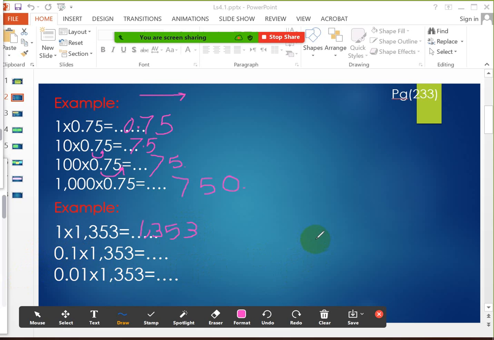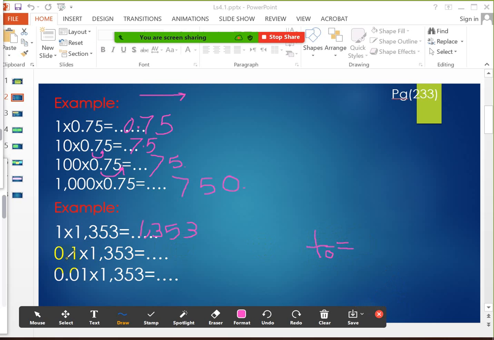You remember when we take 1 over 10, okay, 1 over 10 equals what in the decimal number?